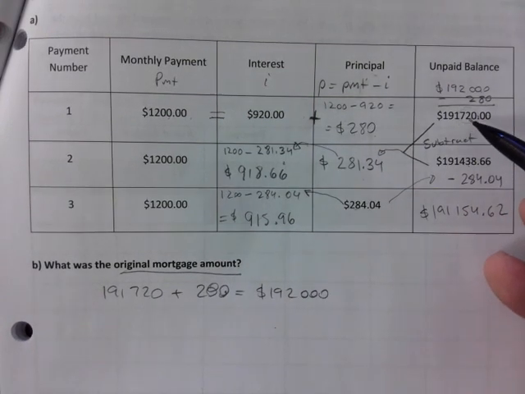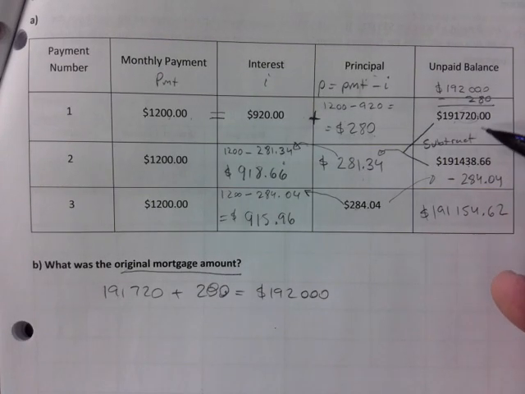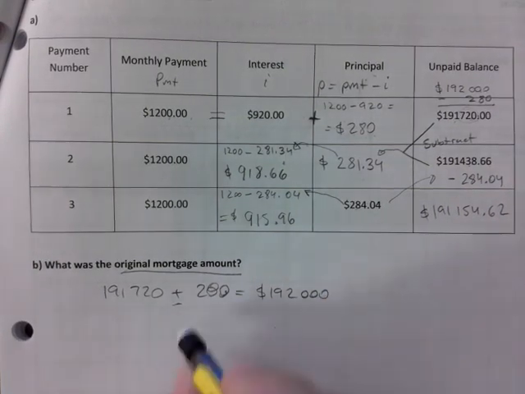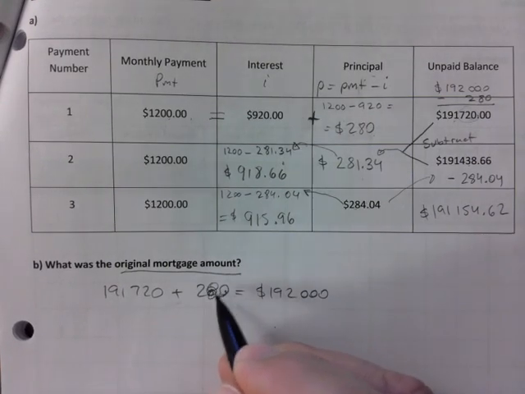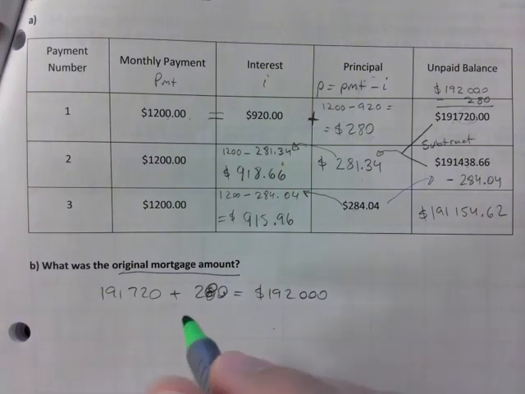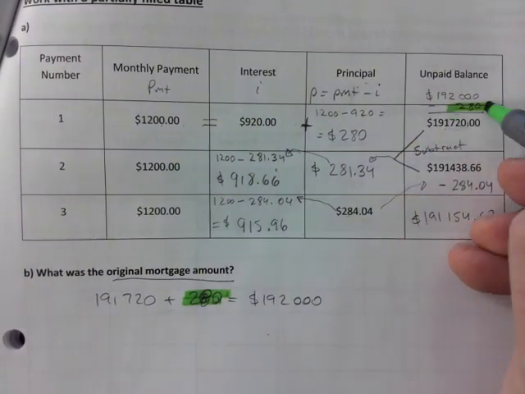So basically just go backwards. To get this number, I would have had to subtract it from something. So you just go back up, you add. Oops, that's dangerous because you'll be like, plus or minus? No, it's plus 280. Maybe I'll highlight this. So this 280 came from over here, right?